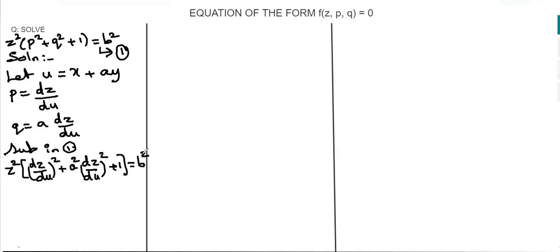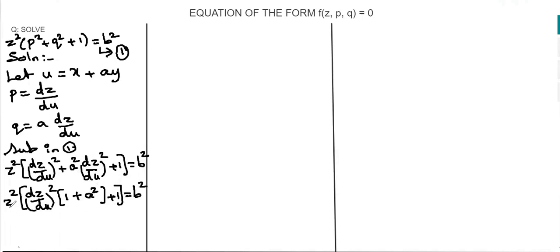Since this is a constant, it will be there. Now what can we do? Inside the bracket, I can take dz by du the whole square as common. So the first term will be 1 plus the second term a square, and this plus 1 will be separate, equals b square.